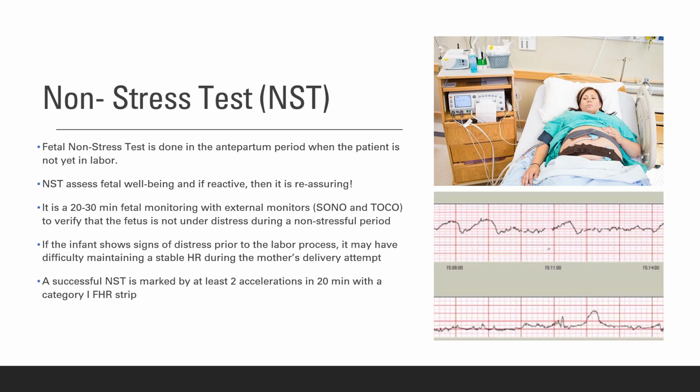Maybe the cord's tied in a knot or around the body, or there might be a Doppler flow issue. There might be a little bit of IUGR. There are a lot of different reasons you might have a non-reactive NST. So the goal is to have a reactive, reassuring NST. That shows us that the baby is healthy, happy, and well oxygenated.